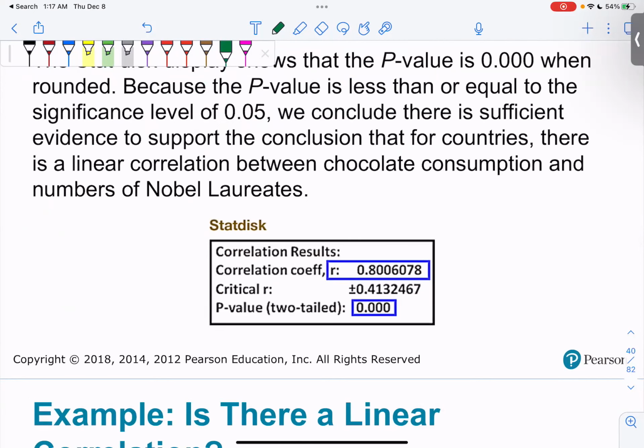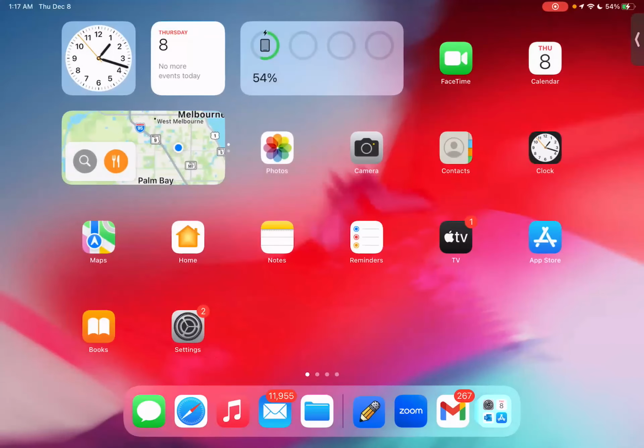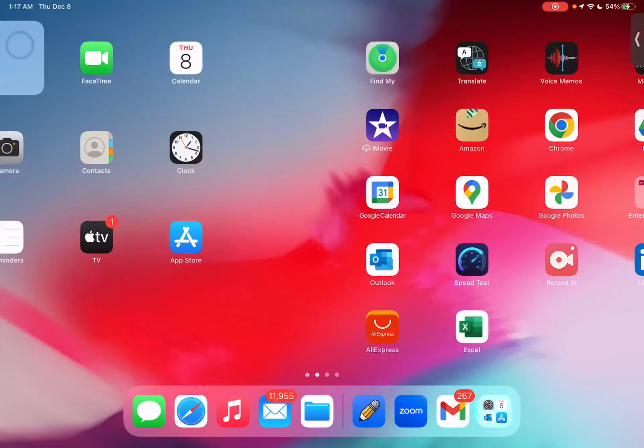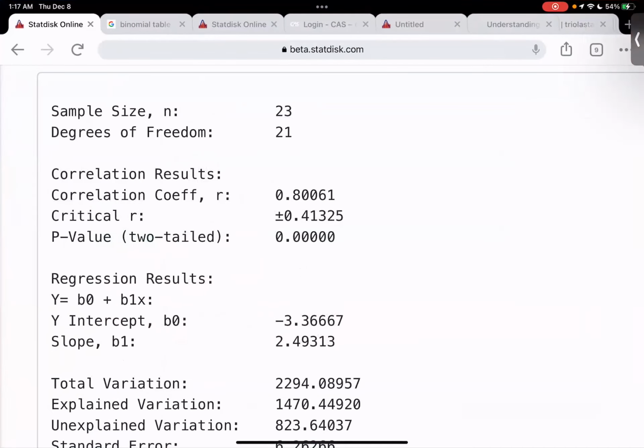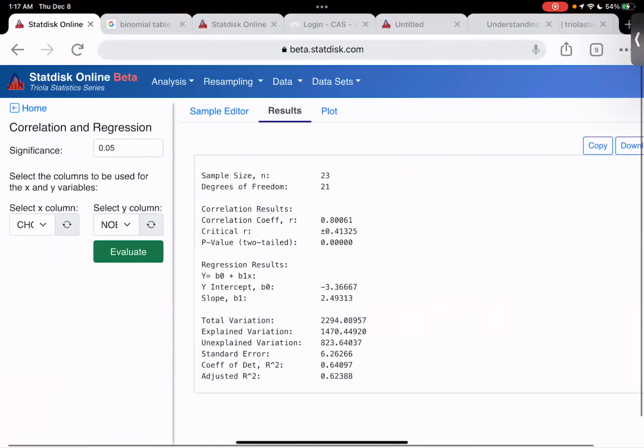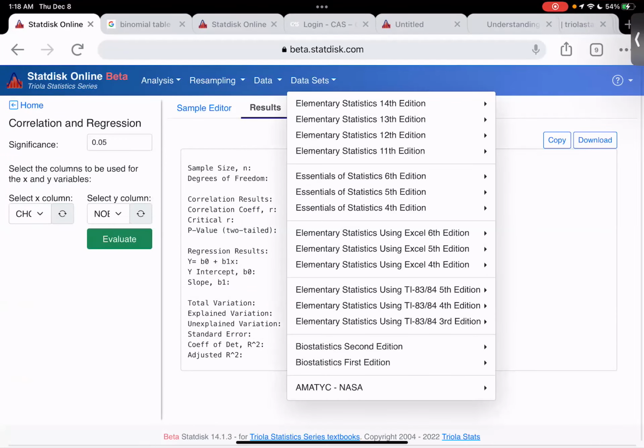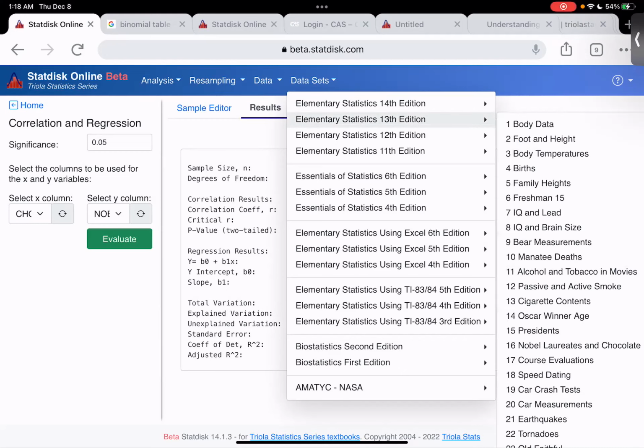I believe I can show you how to do this one using technology. So if we go to data, go to StatDisk, and then the second book here, this is our book that we will use, right? Elementary Statistics, the 13th edition, and then go to example number 16.